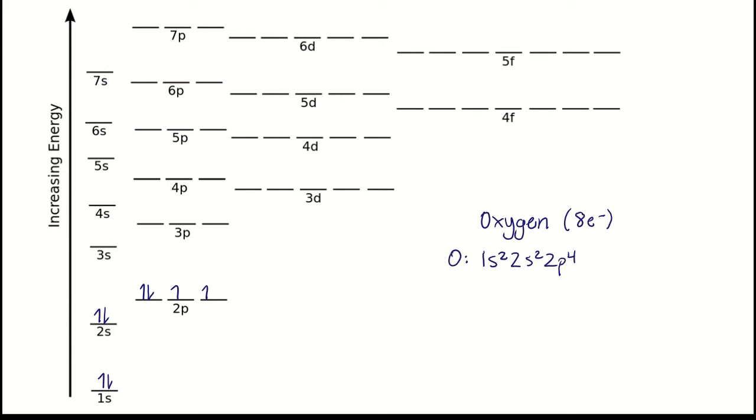Now let's talk about valence electrons briefly. Valence electrons are the electrons in the highest energy level. The highest principal quantum number in this case is a 2. And we're looking at the s and the p. That would represent this level here.